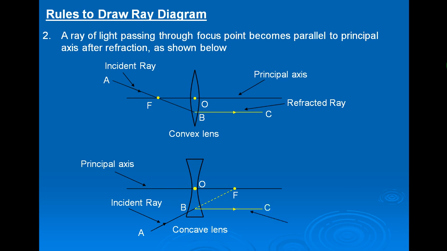So BC is the refracted ray of light which is parallel to the principal axis.